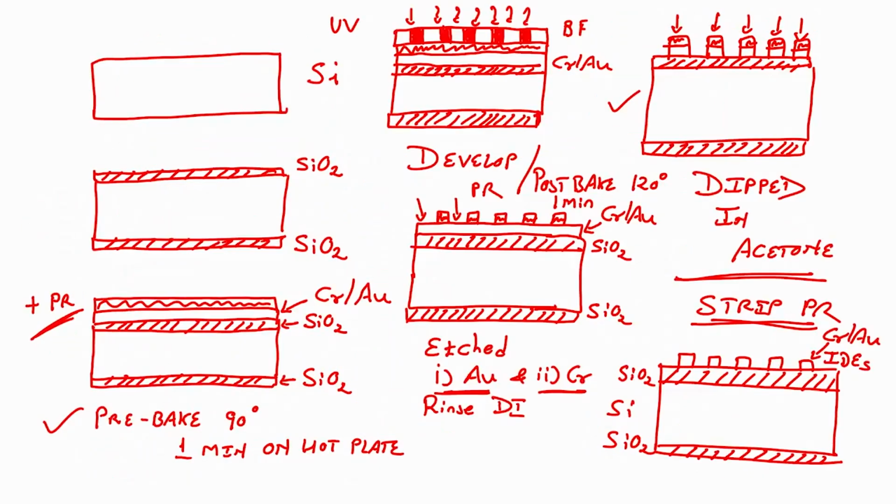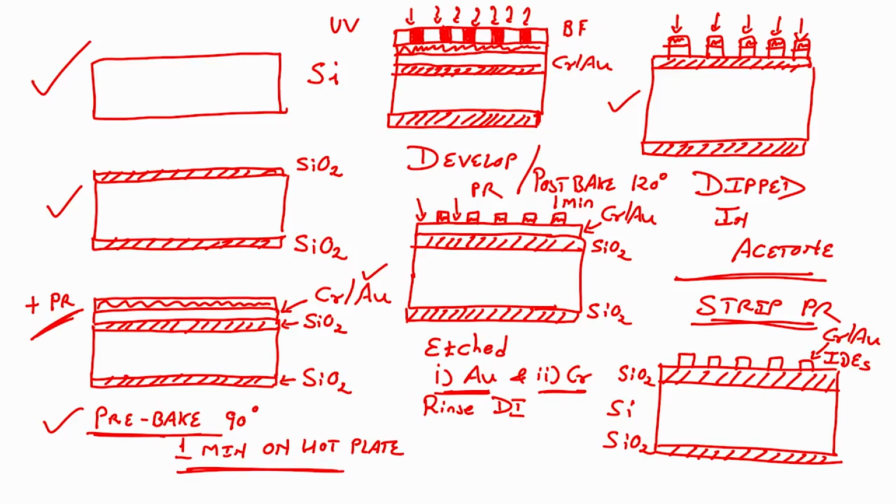Now see, I have continuously shown you the process so that you do not get lost. We have started with silicon, and then we reached the oxidized silicon substrate by growing the oxide, and then we deposited chrome gold, and on chrome gold we spin coated photoresist. After spin coating, we pre-baked it at 90 degree for 1 minute on a hot plate, and then we loaded the bright field mask.